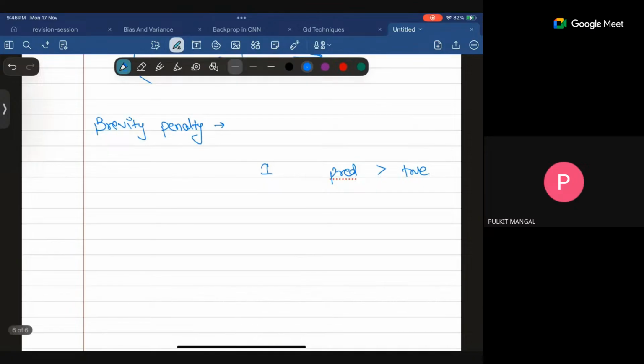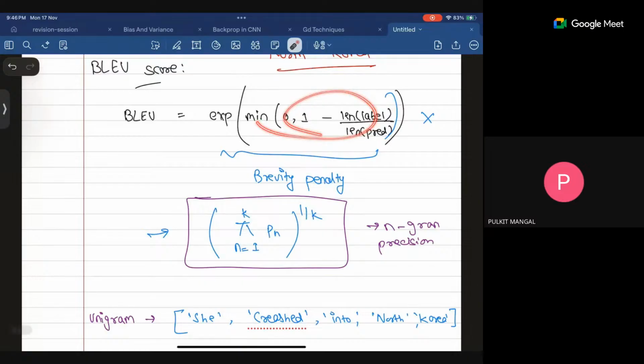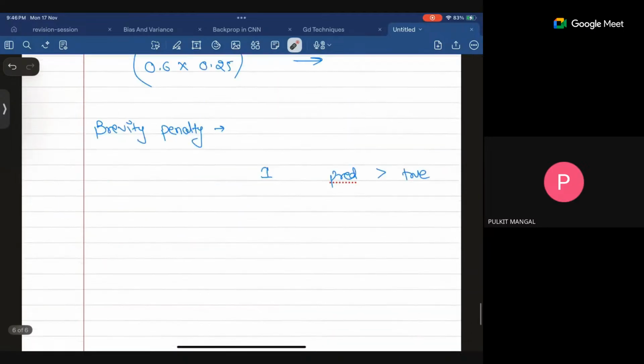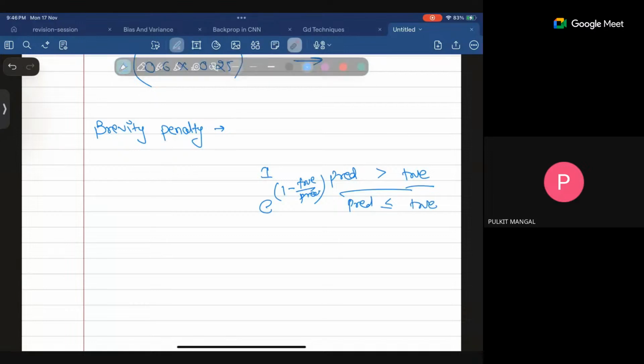Yeah, in the example part it is different, because sir directly took this value without the minimum. Else you go with exponential of 1 minus length of true by length of pred, if predicted is less than or equal to the true length.